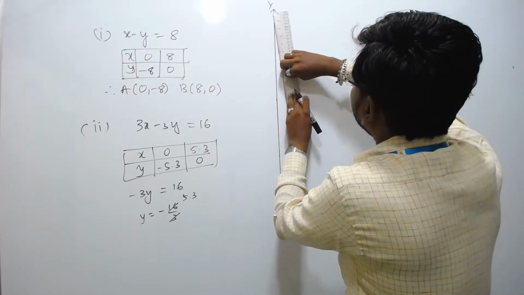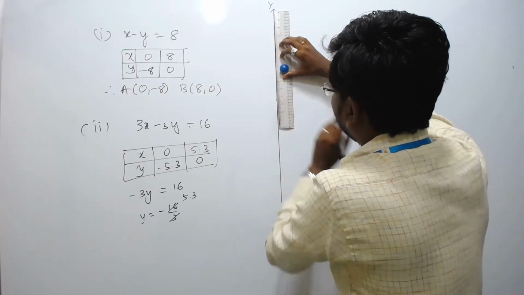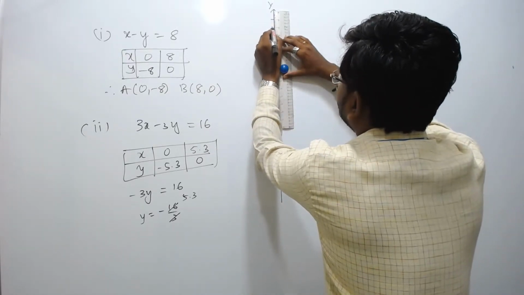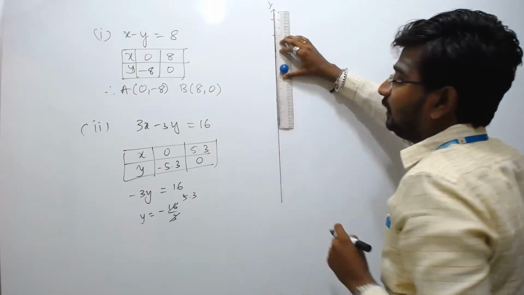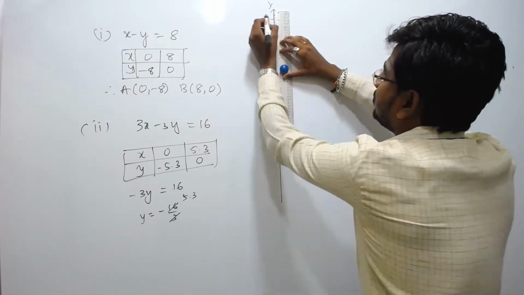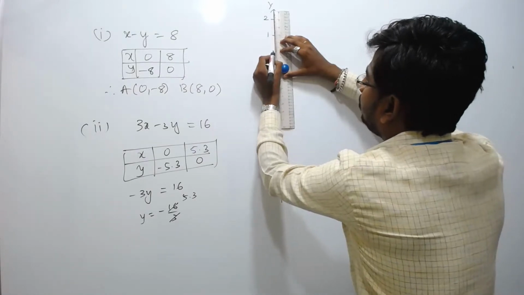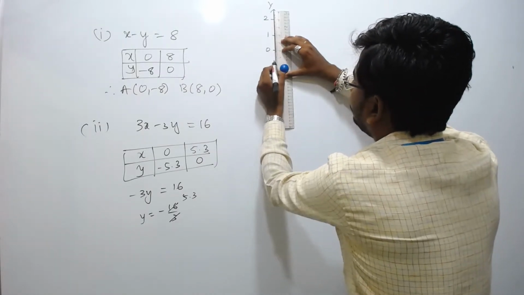So what I'm going to do, 1 centimeter equal to 1 unit, both x and y. Since there are no positive values of y, I'll just take 1 or 2. Origin will be here.